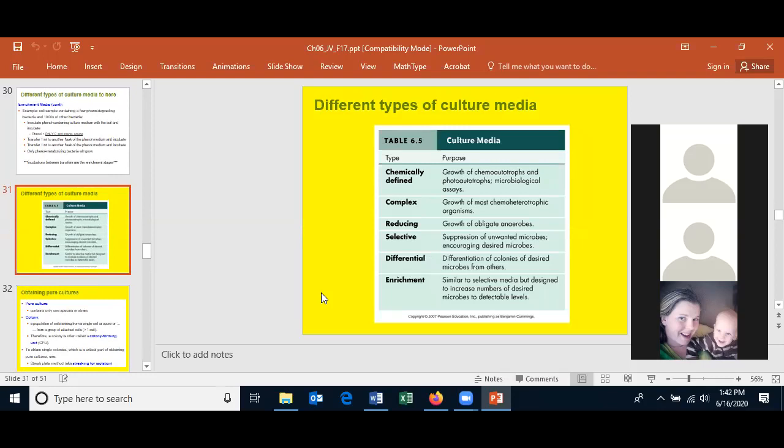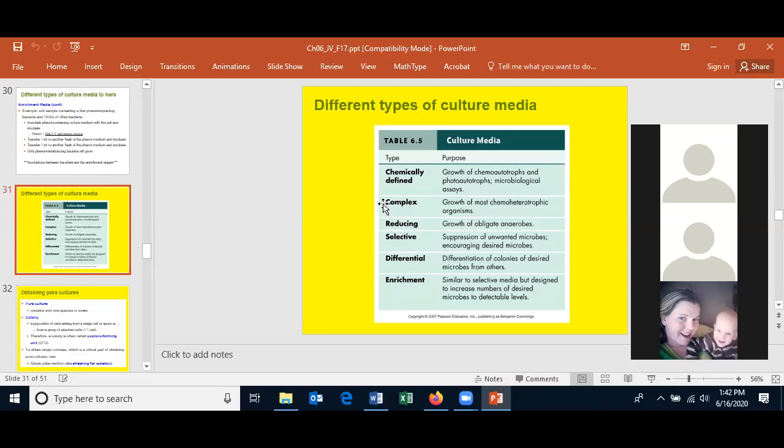So that they call a chemically defined media. And that means that we know what all the trace elements are too, so we're not just adding tap water, meaning we're adding distilled water or deionized water, and then we're adding the trace elements.